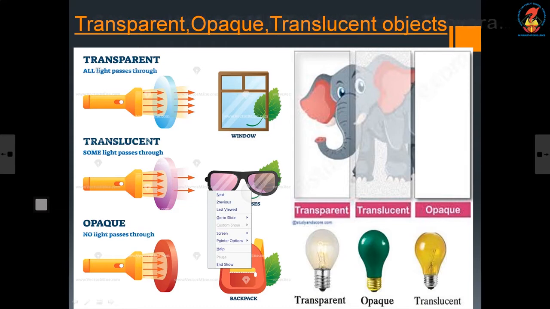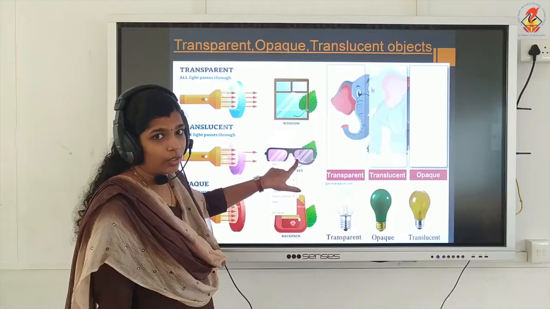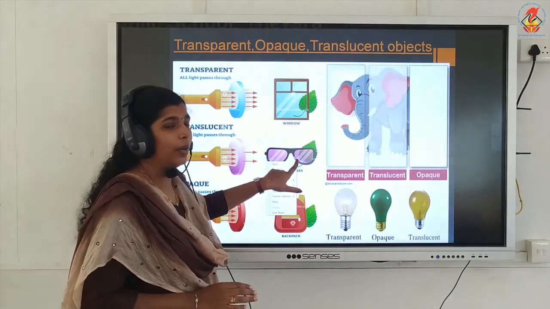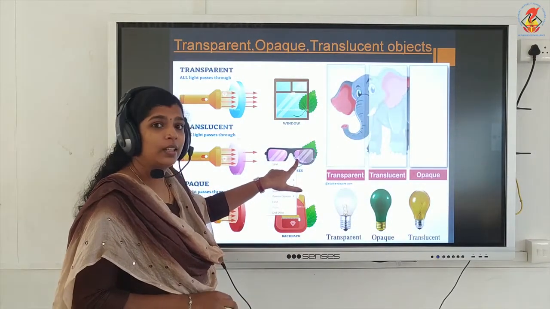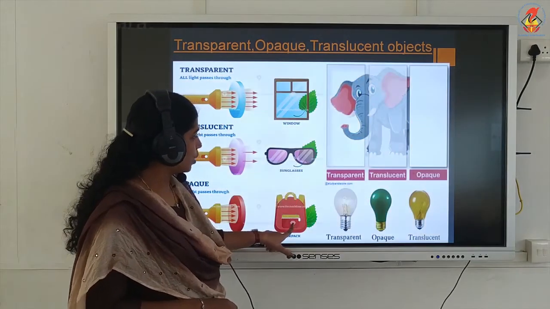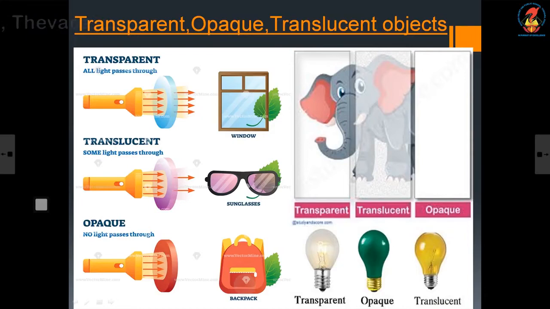So that is translucent. It is not clear. Light will pass through it partially. Then, this one is an opaque object. Light will not pass through it.